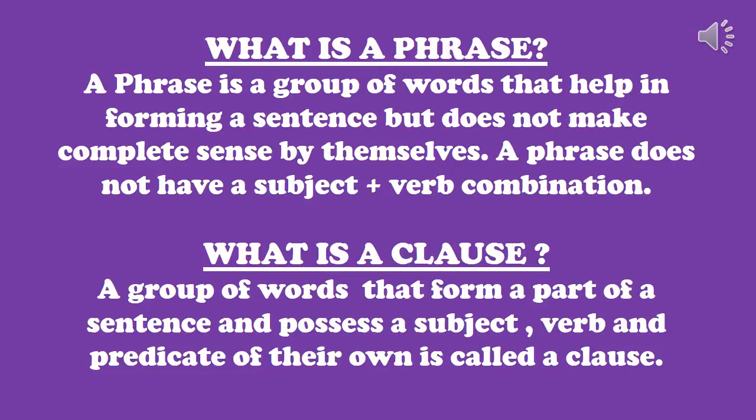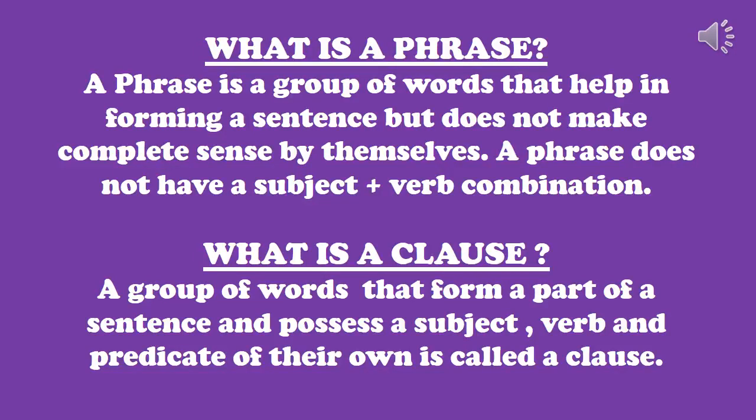So, what is a phrase then? A phrase is a group of words that helps in forming a sentence. So, just like a clause, a phrase too is a group of words, but it does not make complete sense on its own. A phrase does not have a subject or a predicate.